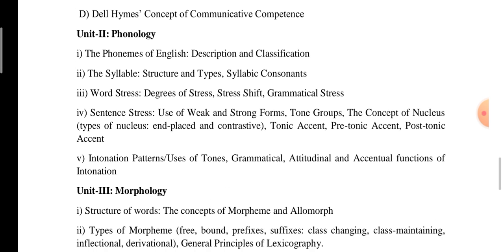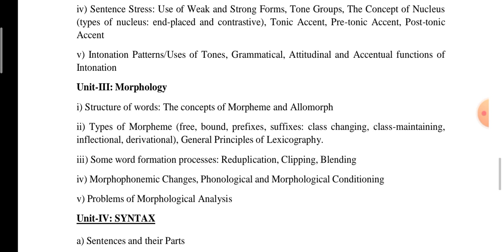It is about phonology. Then the third unit is about morphology: structure of words, the concept of morpheme and allomorph, types of morpheme, for example free, bound, prefixes, suffixes, class changing, class maintaining, inflectional, derivational, general principles of lexicography.